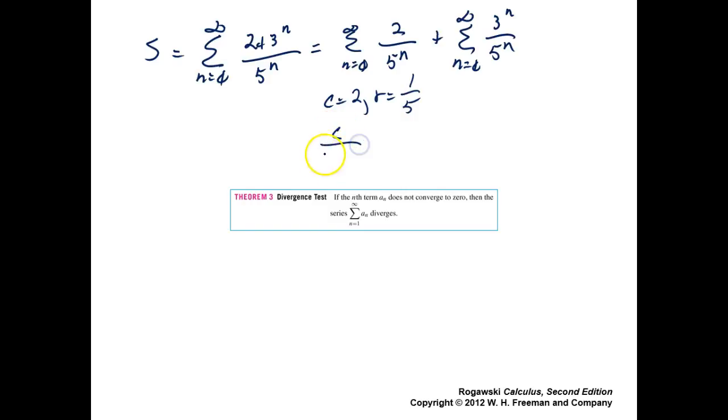C over 1 minus R, which would be 2 divided by 4/5. So S equals 2 times 5 over 4, right? Dividing by a fraction, invert and multiply. That would be 5 halves, 2.5. That's what that first one adds up to.